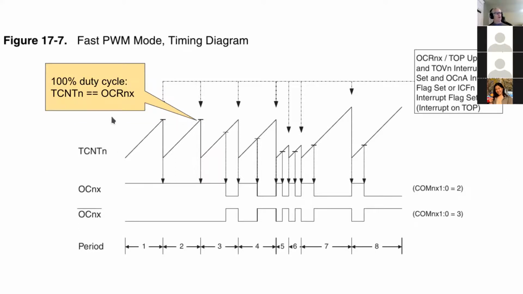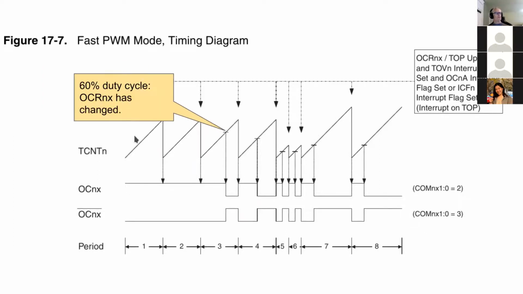Okay, so here's another one with 100% duty cycle. But now this is something new. The little horizontal line is not at the reset point. In this mode, the little horizontal line is the match event. Here we go. We've changed the duty cycle. This is still matching.